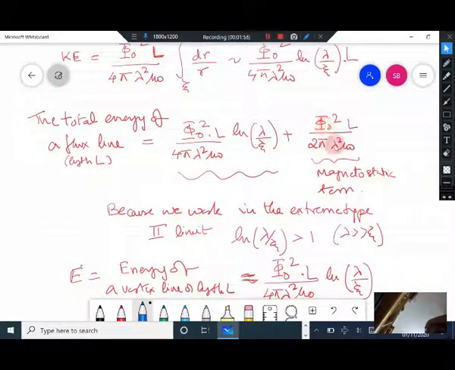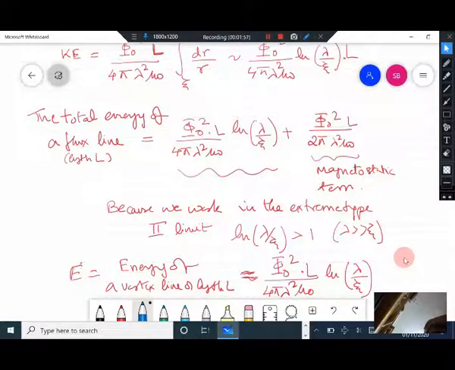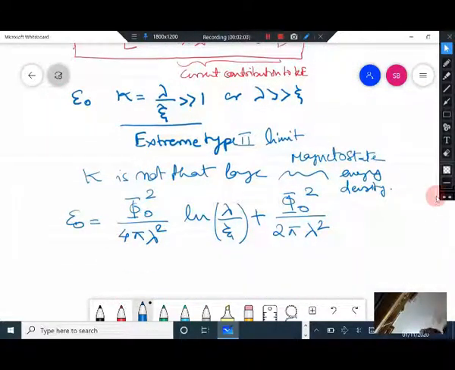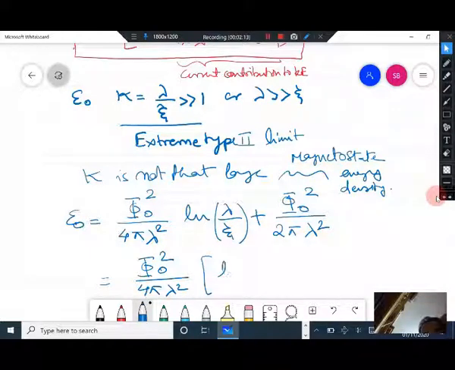Phi naught square by 2 pi lambda square, which is the magnetostatic energy density, and you can actually rewrite this as phi naught square by 4 pi lambda square, log of lambda by xi plus an additional term 2.